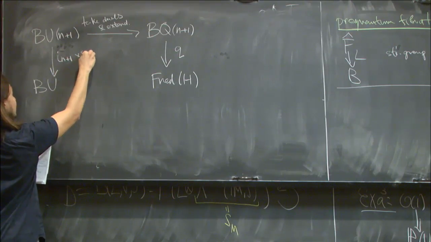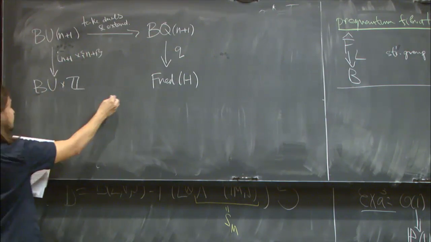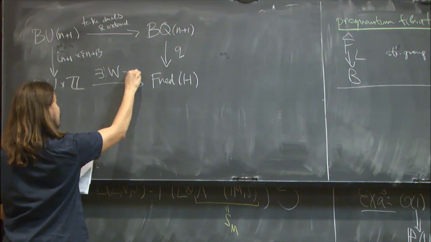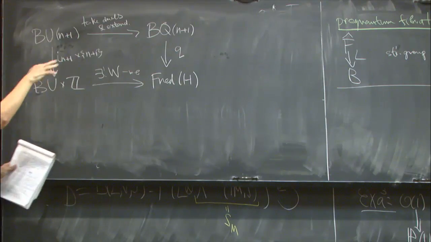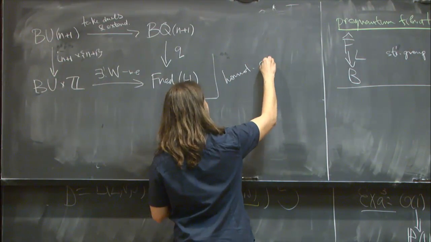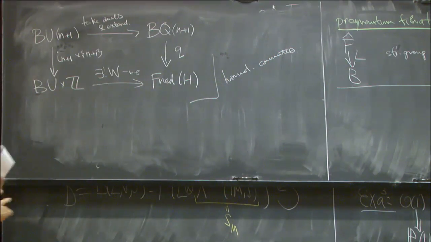And here I just need to somehow add OL. And there exists a nice weak equivalence such that this homotopically commutes.